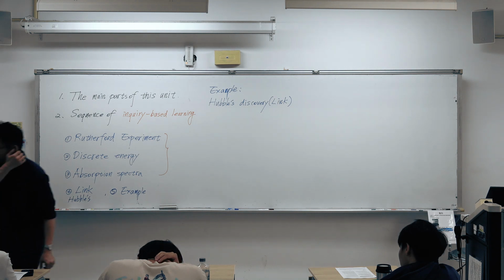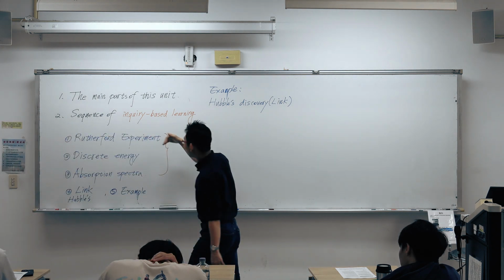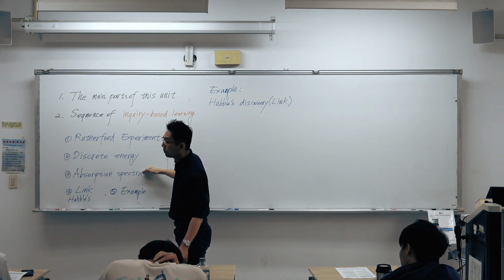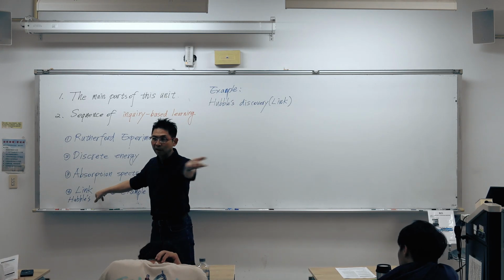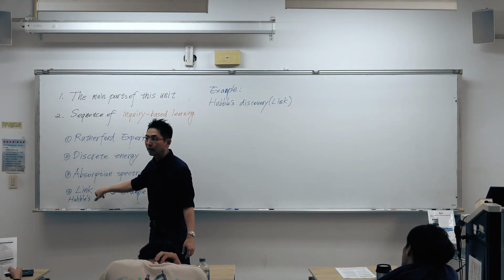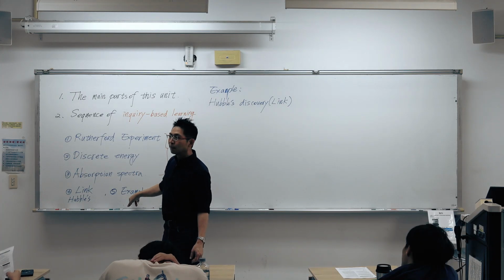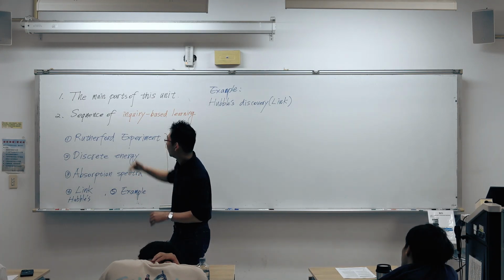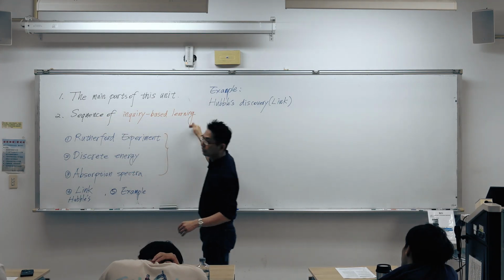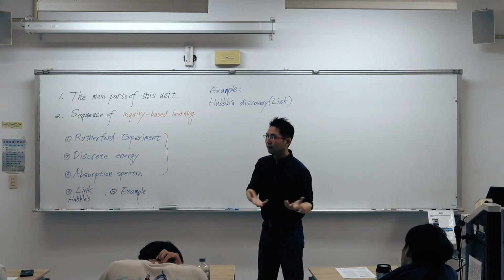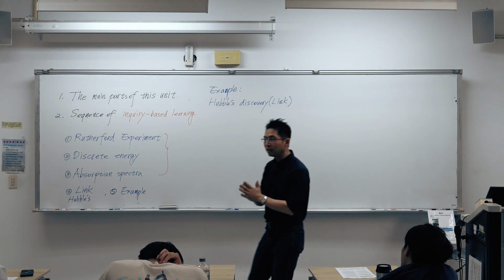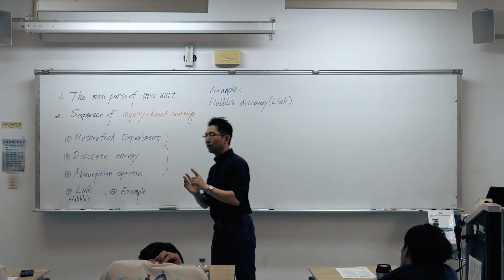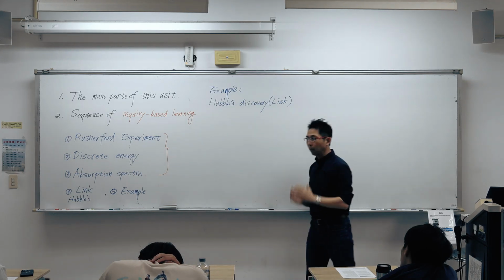So Nina, how about you? Since we have 3 main parts of this unit, and several classmates think that they should be link and also example. But now we just want to determine the sequence of inquiry-based learning for our lesson plan. So which one should be the first part of your unit plan?